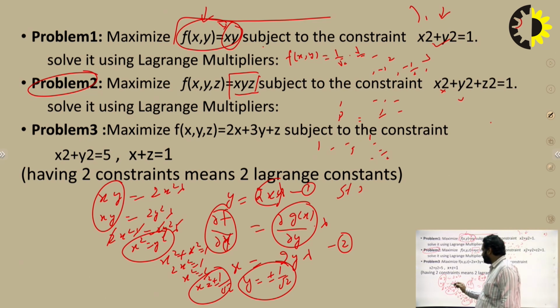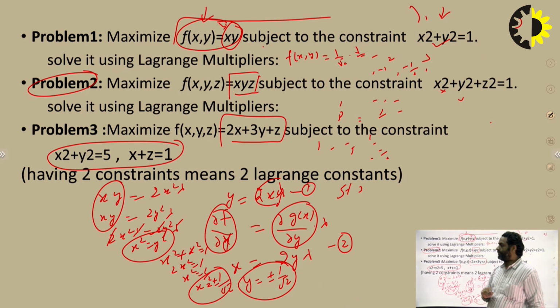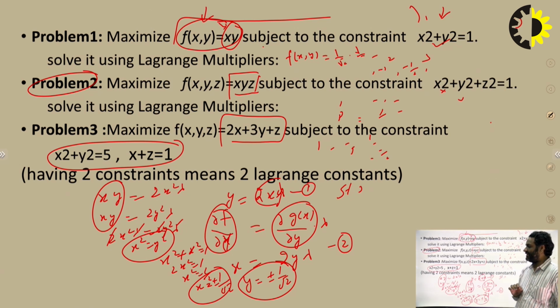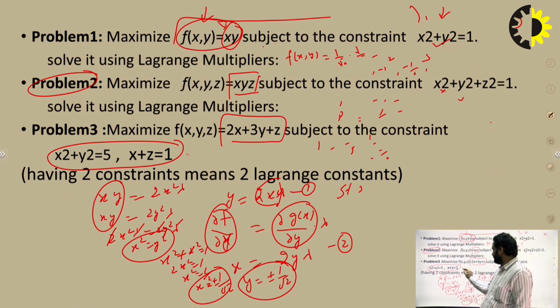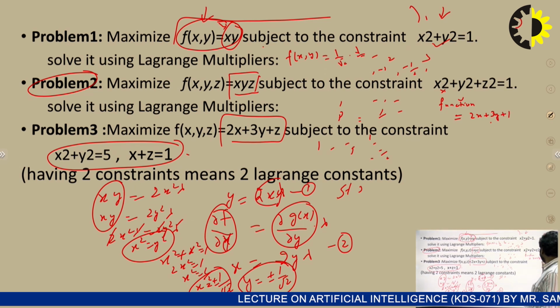In the third problem, we have given a function that is 2x plus 3y plus z, and we have given two constraints. First constraint is x square plus y square equal 5, and second is x plus z equal 1. So we have one objective function, that is 2x plus 3y plus z.